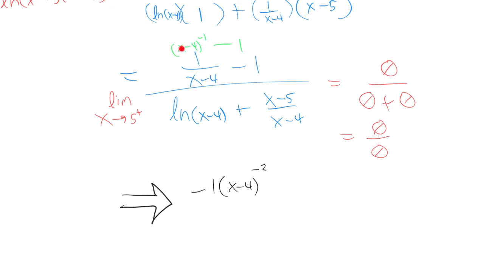But that would be a chain rule situation. So you apply the power rule first, bring the negative 1 out, drop this down by 1, it becomes negative 2, and then multiply it by the derivative of what's inside the parentheses. But the derivative of what's inside the parentheses is actually 1, so I don't have to write that. The derivative of negative 1 is just 0, so I don't have to write that either. So I'm going to go ahead and draw that. The derivative of this one is 1 over x minus 4.